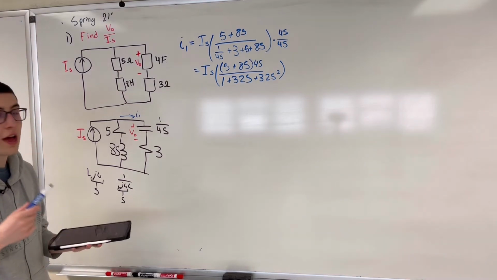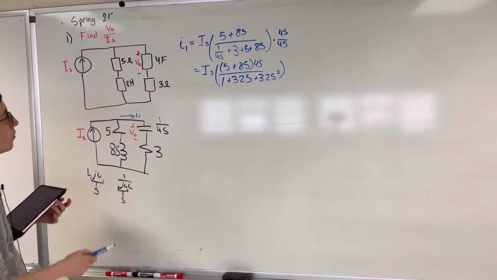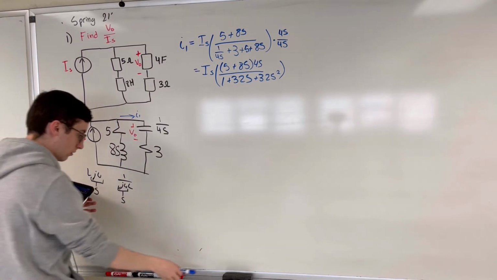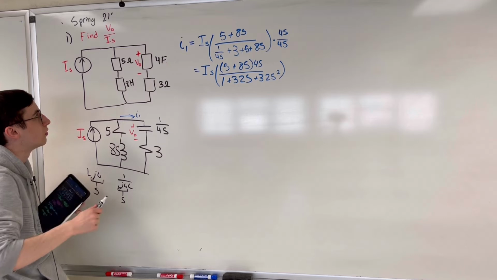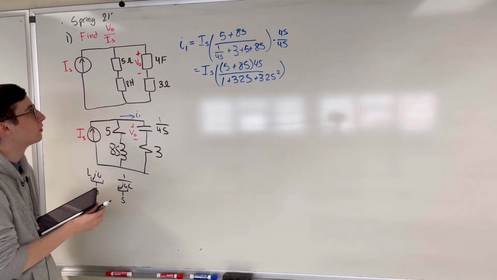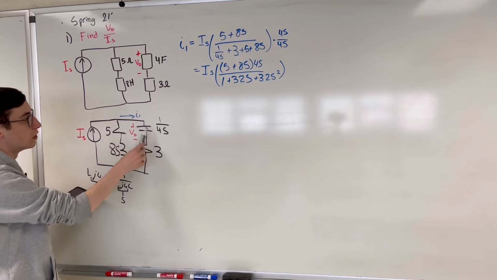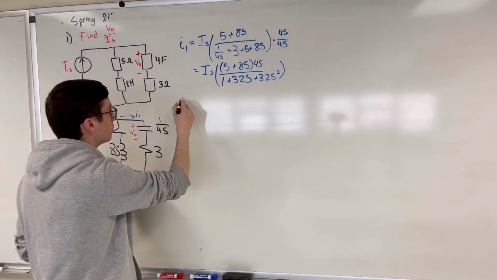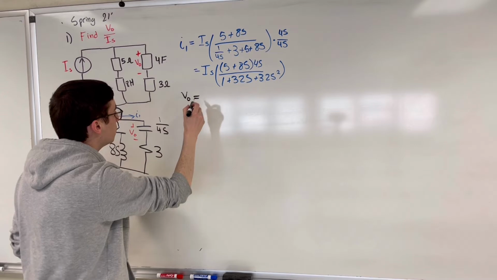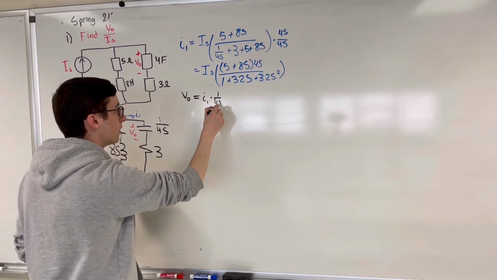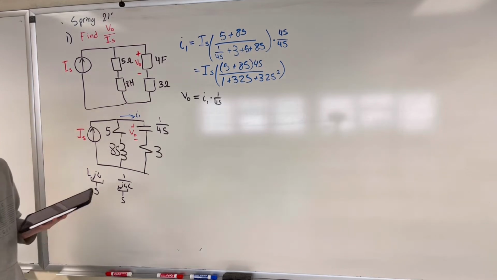Now that we have that, we can solve for VO. With VO, we're just going to do simply Ohm's law. Since we have the current, VO is going to be equal to I1 times 1 over 4S. We know what I1 is.